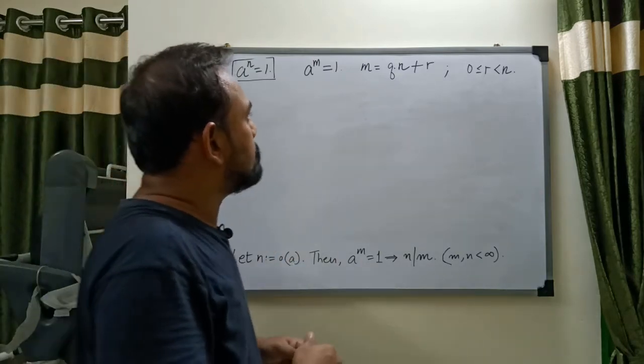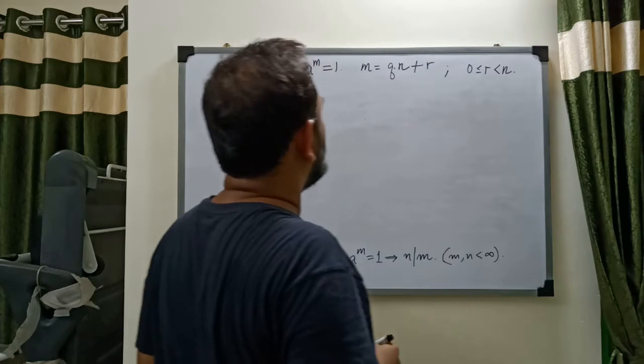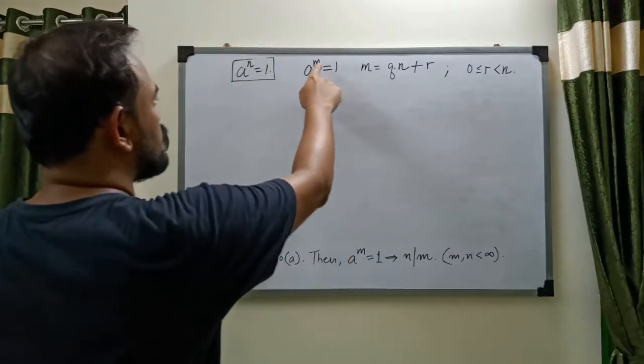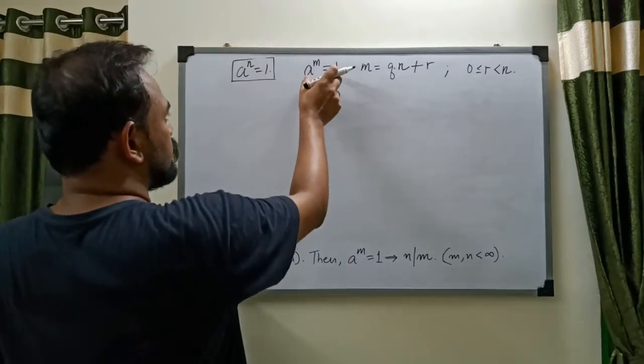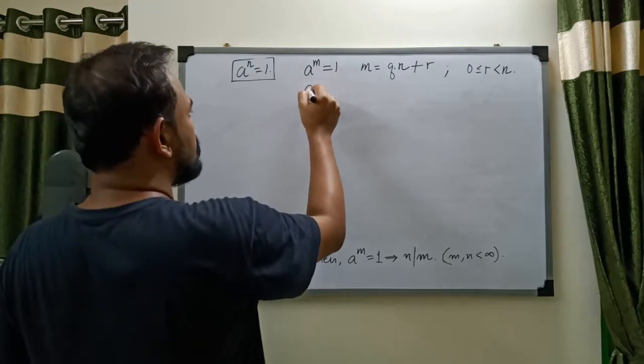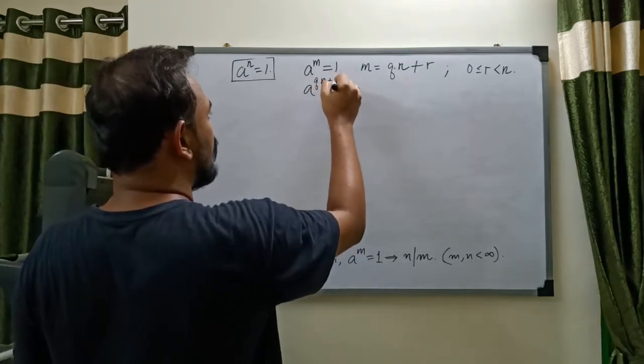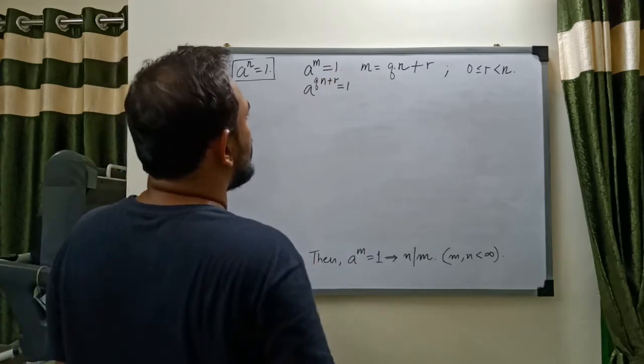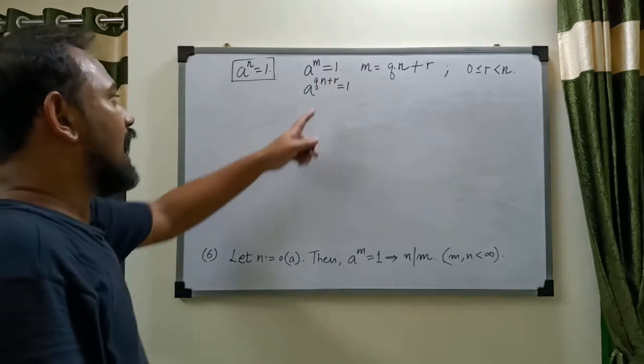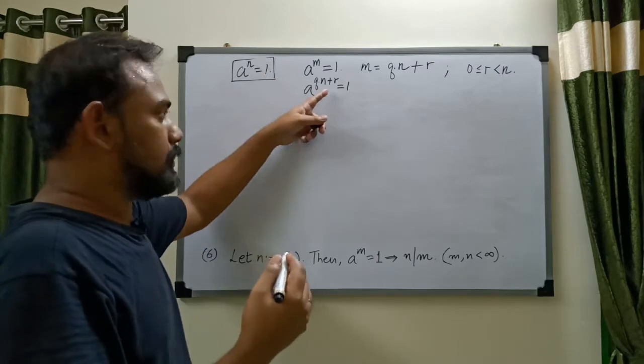And so we're going to do that. Because we are given this equation, instead of m, I'm going to put this thing. So you have a to the qn plus r equals 1. Now, as I said, I can use all my knowledge about indices.